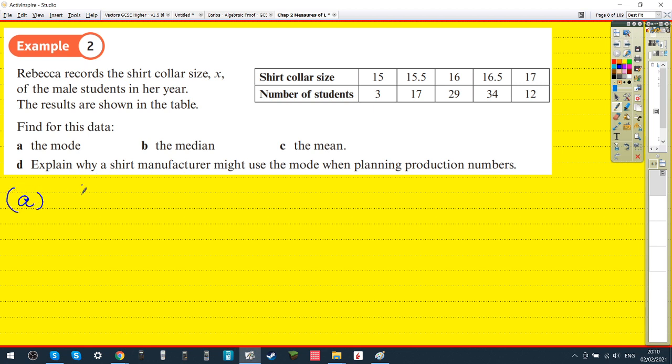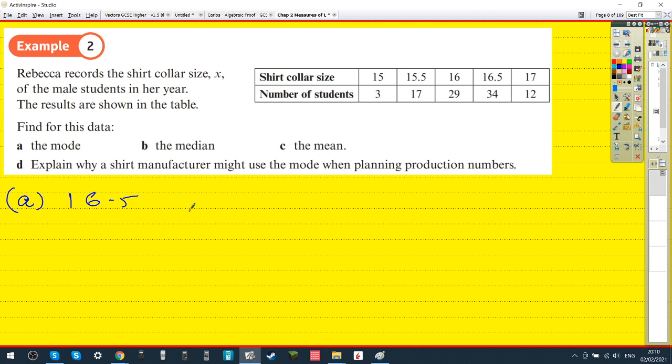And we're looking for the number of students. So it'd be 16. Oh no, 16.5. That's it. Any idea about median? That'd be 17. Or would it be 15.5?